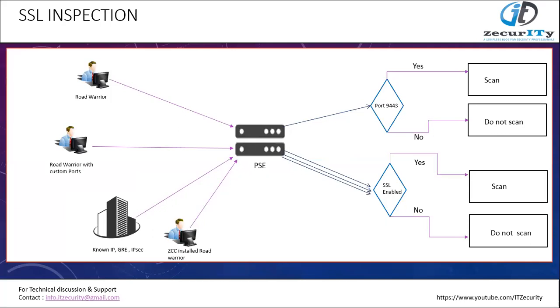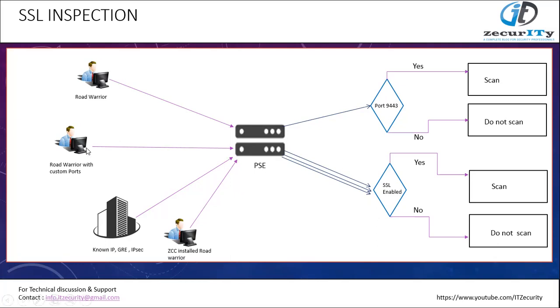When you enable SSL inspection, there are various scenarios you come across, like road warriors with custom ports, non-IP, GRE or IPsec, and client connectors. In the case of road warriors, the PSC will look at whether the port is 9443; if yes, the traffic will be scanned. If no, the traffic will not be scanned.